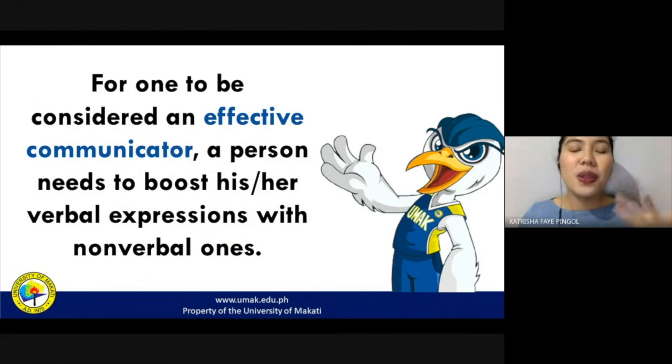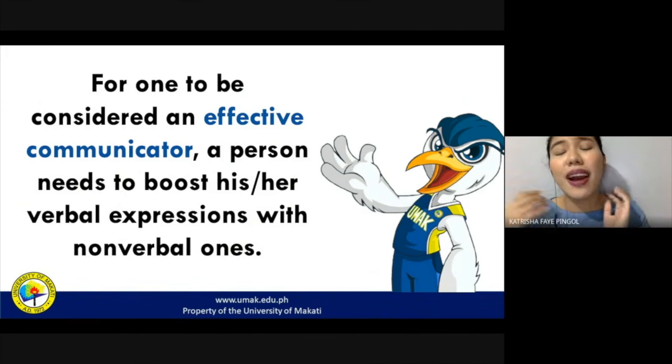So what is this saying? What I want you to understand is that it doesn't necessarily have to be choosing between which form of communication to use. It's a matter of complementing one with the other. It's not about choosing whether I only have to use verbal communication or only non-verbal communication in this situation.